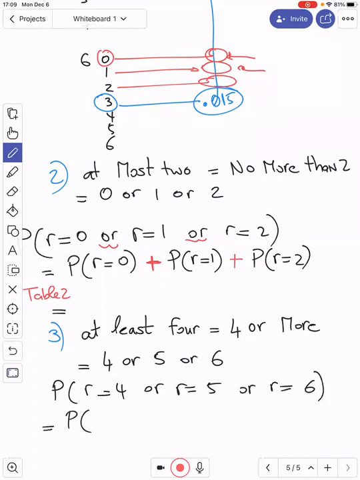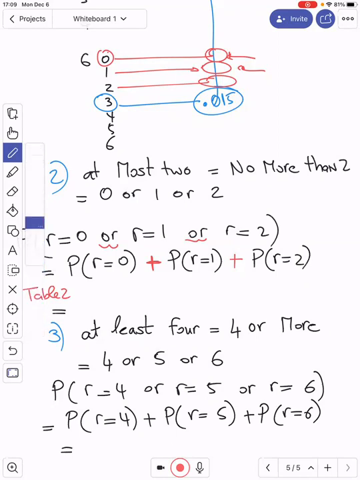So that's probability that R is 4 plus probability that R is 5 plus probability that R is 6. And again, use table number 2. You know your N, it's 6. You know your P, probability of success is 10%, is 0.10. And then you can find probability that R is 4 just right here. This is where R is 5, and this is where R is 6.